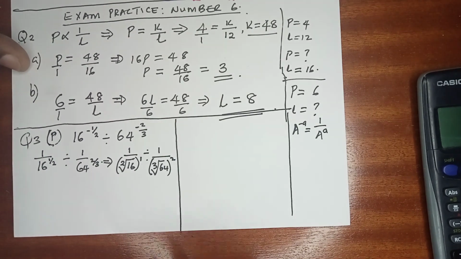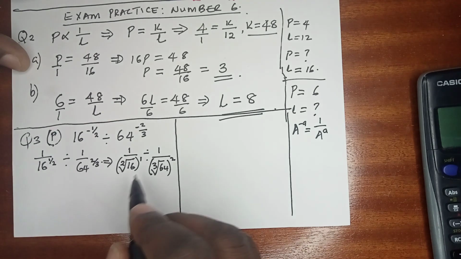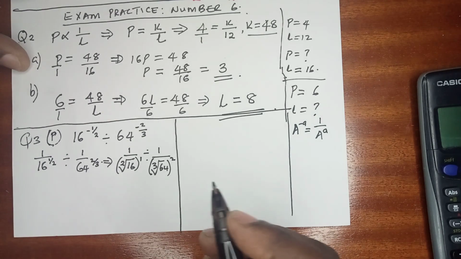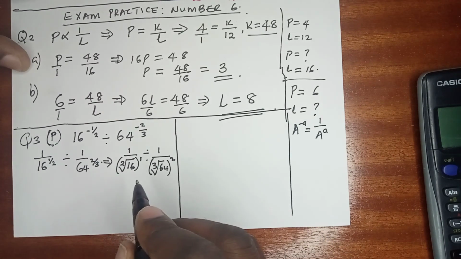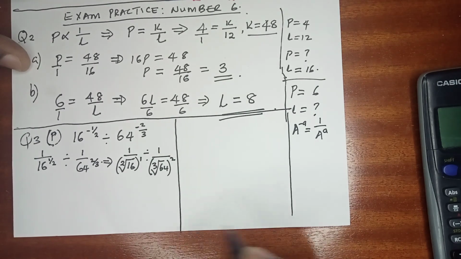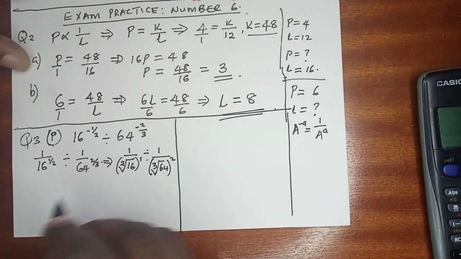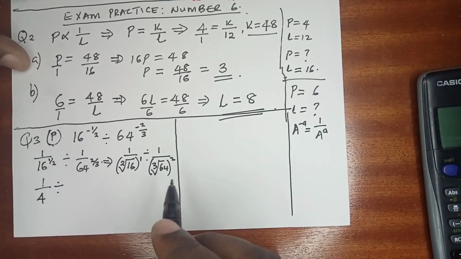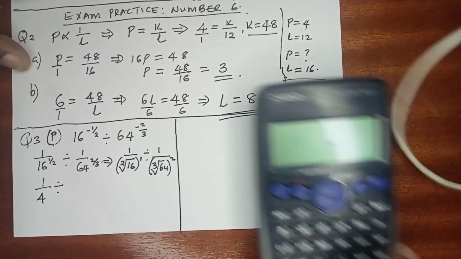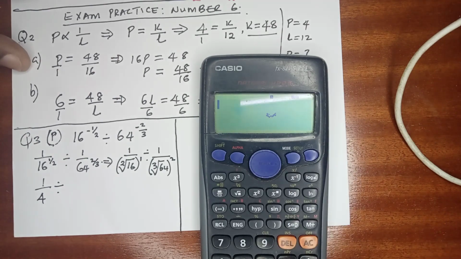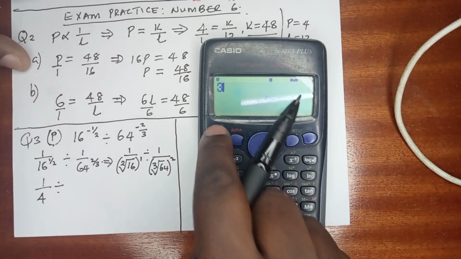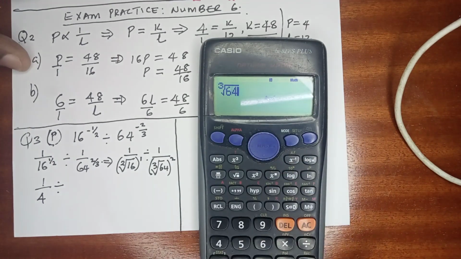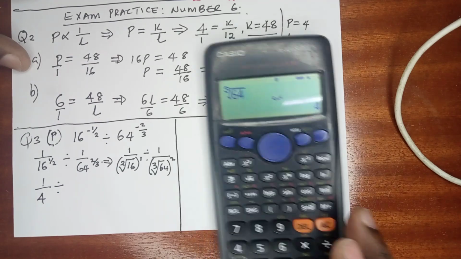And there we are. The square root of 16 is 4, raised to power 1 is just 4. So we have the left-hand side being equal to 1 over 4 divided by the cube root of 64. Let's see, cube root of 64 is 4.